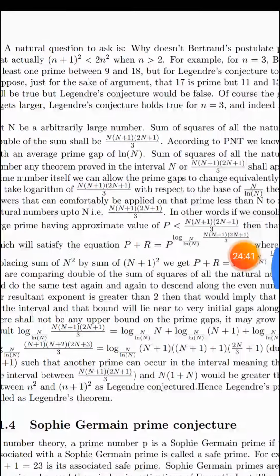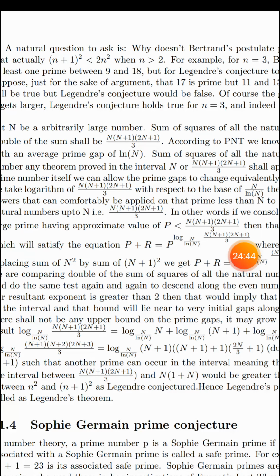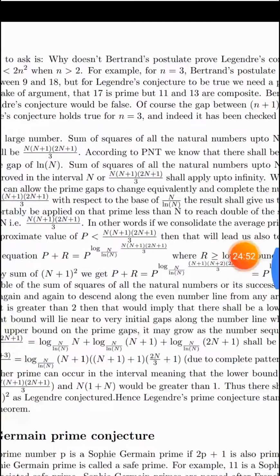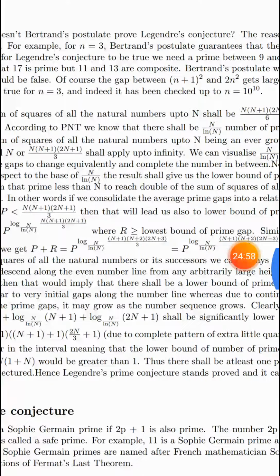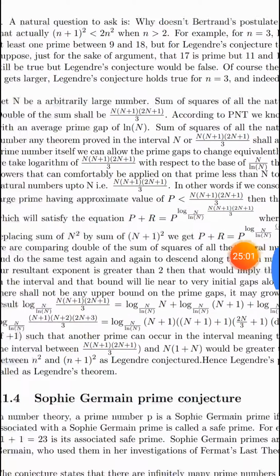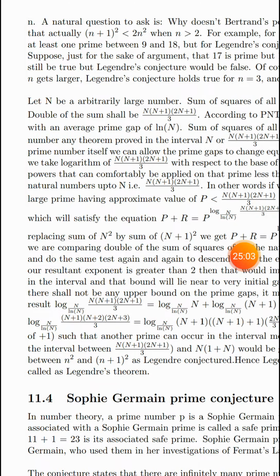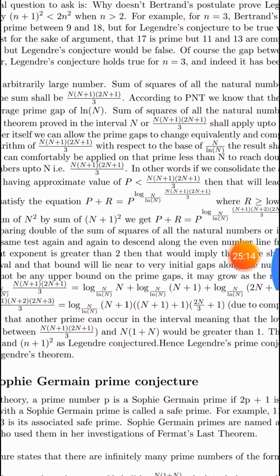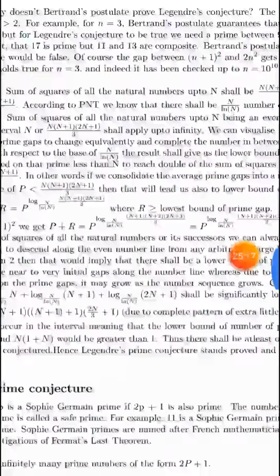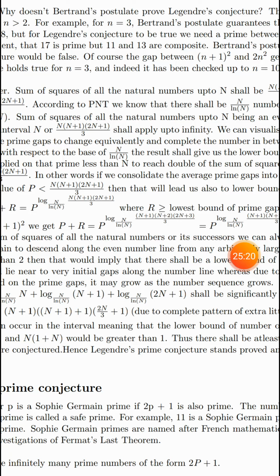Now if we take the log of both these terms with respect to n upon ln n, then we will get the lower bound of the number of primes which may appear between these two successive squares, and eventually we see that the bound cannot go lesser than 1, as there is a common number which will get reduced, but the second number being the higher one, it will always have a difference of 1.